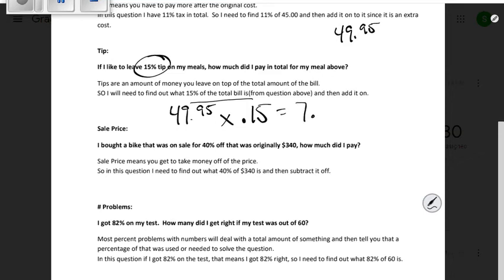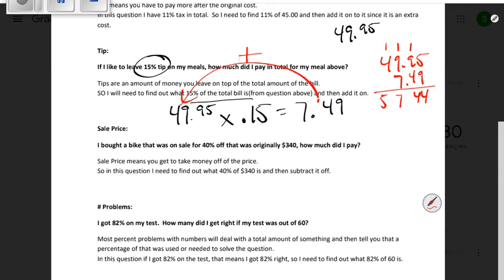I round off to 2 digits because I'm talking money: $7.49. What am I going to have to do? Tips get added on. So 49.95, and you can use a calculator for all this, plus 7.49. And my meal ends up costing $57.44.